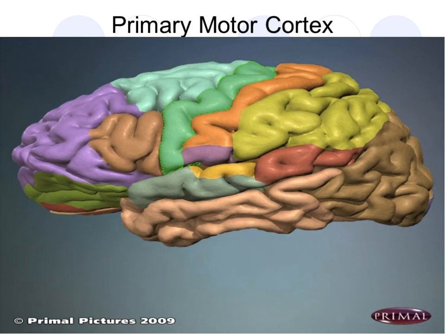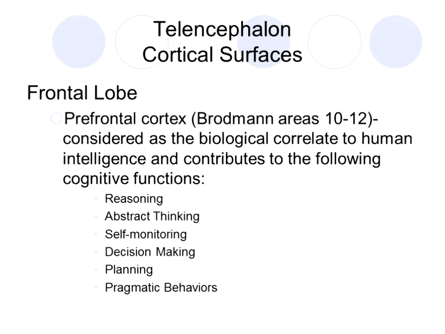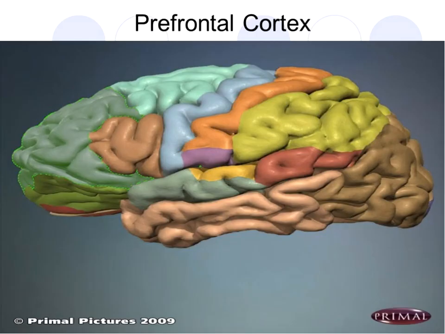So you're also looking at, in green here outlined, the primary motor cortex. The precentral gyrus is the same as the primary motor cortex, and the homunculus hangs upside down on it. Okay? The frontal lobe has a prefrontal cortex, and this is Brodmann's areas 10 through 12. This is considered the biological correlate to human intelligence and contributes to reasoning, abstract thinking, decision-making, planning, self-monitoring behaviors, and pragmatic behaviors.